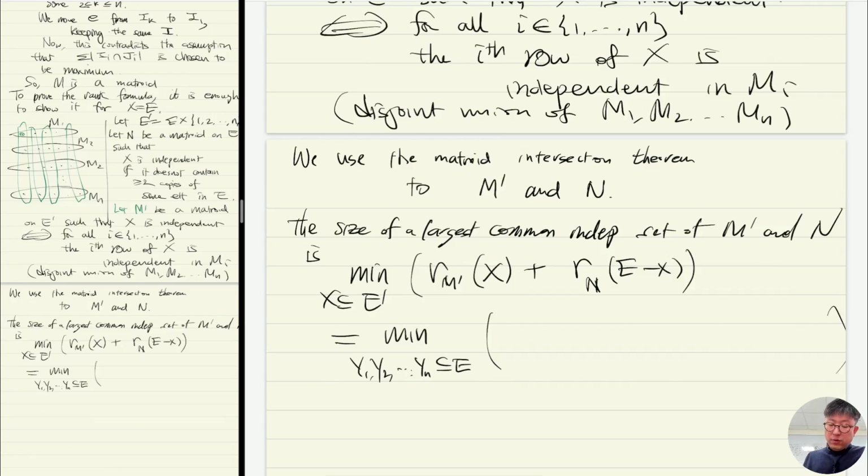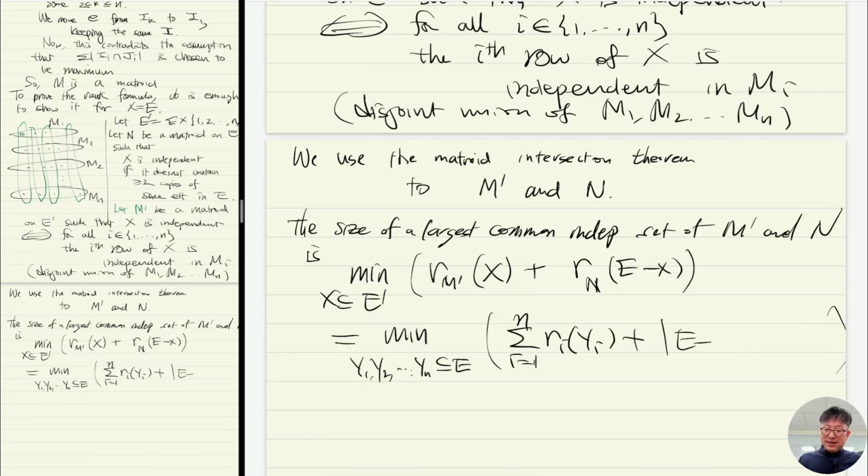Now, what is the rank then? Rank is just the sum of the ranks of the Yi in the ith floor, and the sum of these rank functions is the rank of X. What is the rank of E prime minus X? That is like the number of columns it touches.